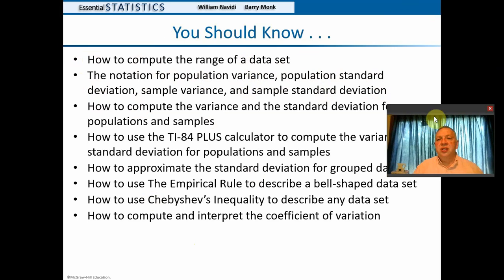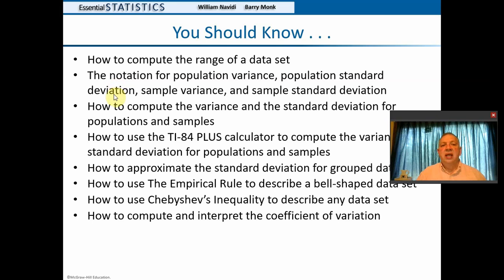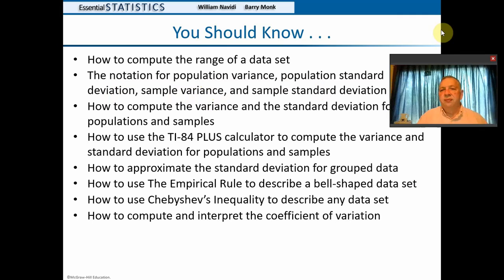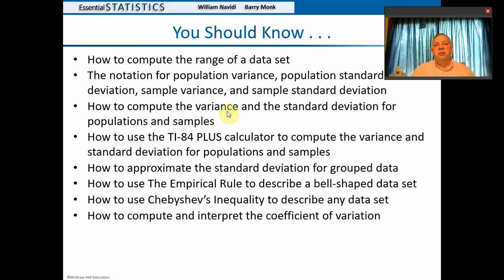The population standard deviation is sigma. Sample variance is S squared. Sample standard deviation is S. We also learned how to compute the variance and the standard deviation for populations and samples. Go back and review the formulas. We're going to work on those in class. We'll do some calculator work and Excel work to see how to get those values, and by hand.